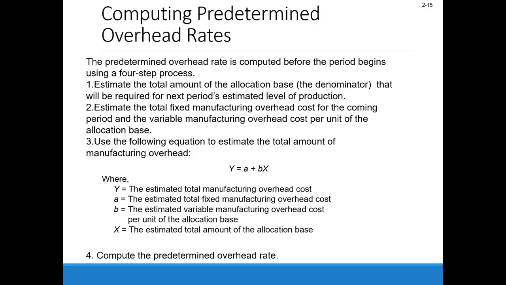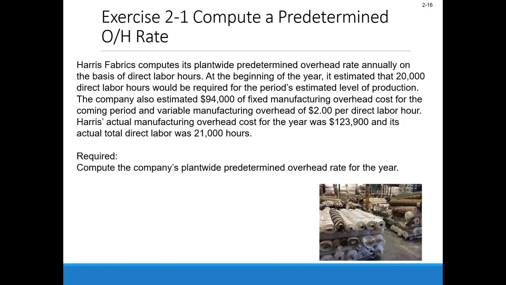So Y, the total manufacturing overhead cost, will equal the total fixed manufacturing plus the estimated variable times some allocation base. Okay? That's how we're going to compute it.